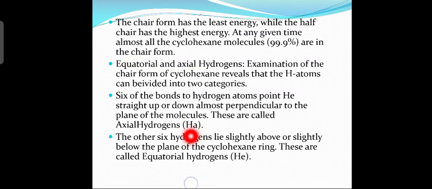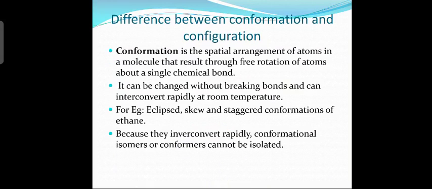Axial hydrogens point straight up or down. Then equatorial means they are slightly above or slightly below the plane. The 6 hydrogen atoms slightly above or slightly below the plane of the cyclohexane ring are called equatorial hydrogens. Next slide.